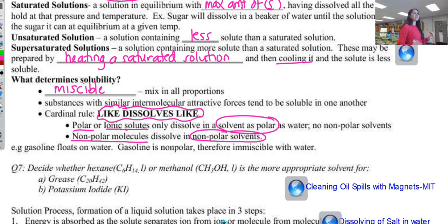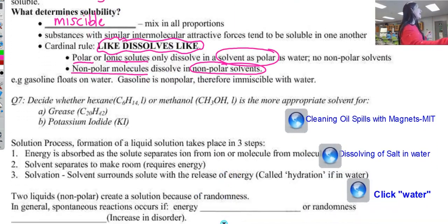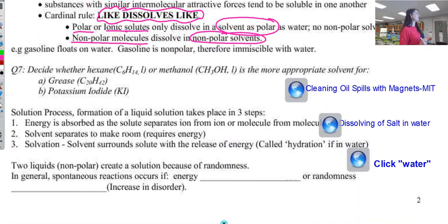Okay, so question 7 says, decide whether hexane or methanol is the more appropriate solvent for grease and then potassium iodide, okay? So go ahead, and if you want to pause and take a guess here, let's see what you decided. Okay, so for grease, we've got C20H42, which means 20 times 2 is 40 H's, plus the 2 at the end. That should be nonpolar. And if it's nonpolar, which one of these is actually nonpolar?